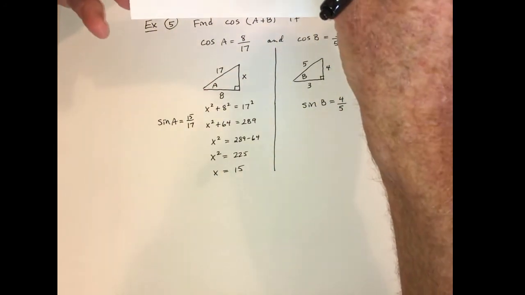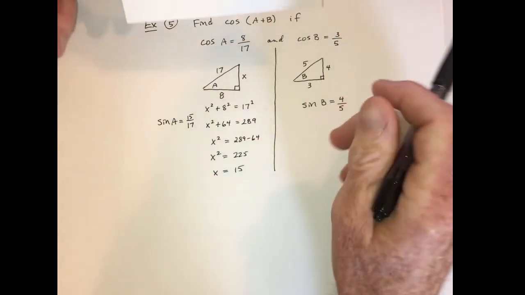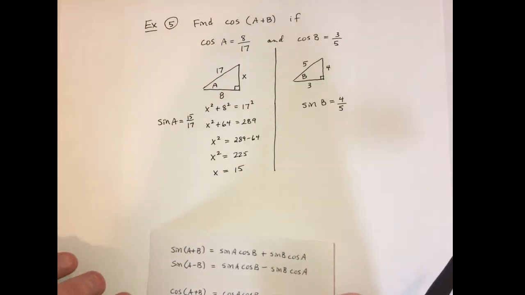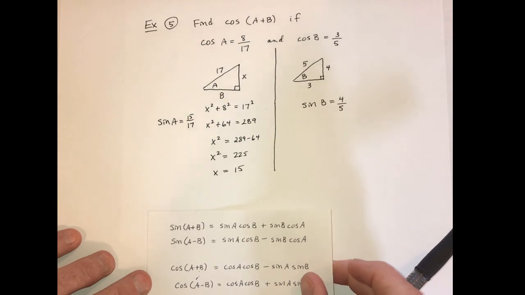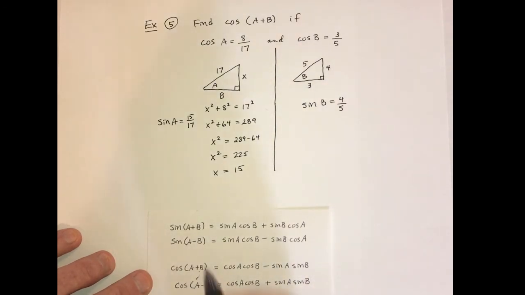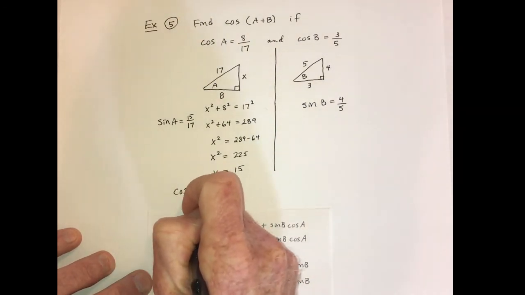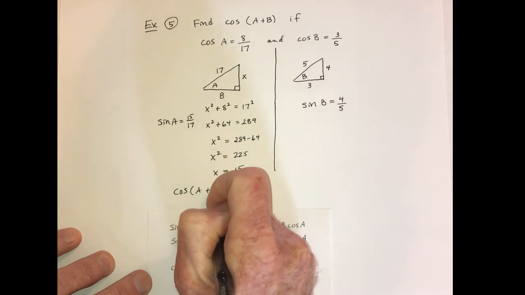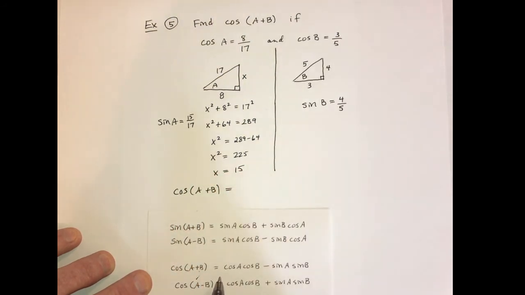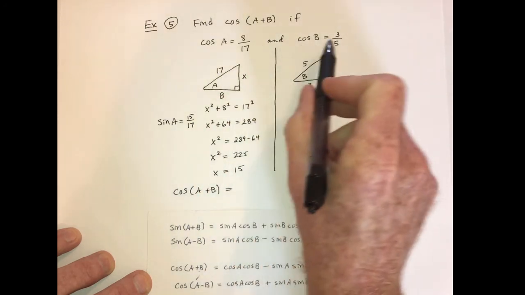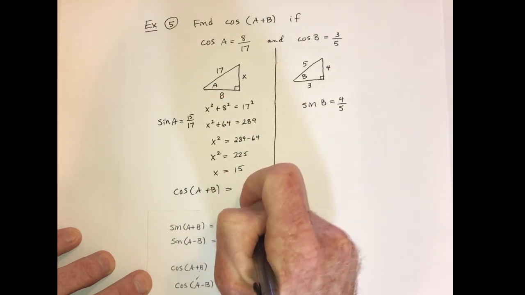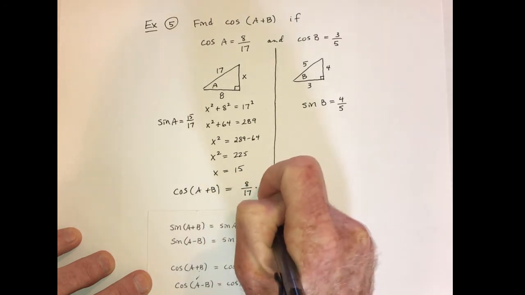Back to the 3x5 card. Find cosine of A plus B. So cosine of a plus b is equal to, so multiply the two cosines, cosine of a and cosine of b. 8/17 times 3/5.